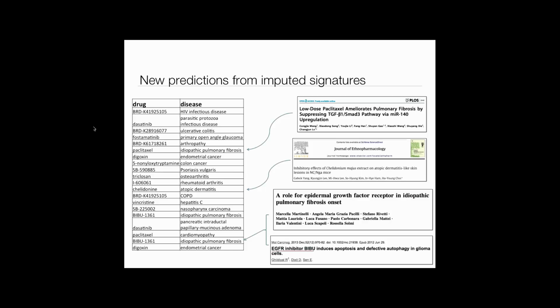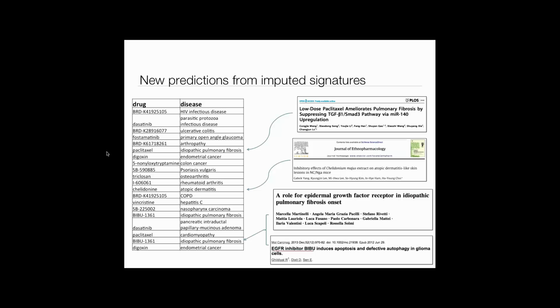With a quick literature search, I did find some support in the literature. For example, there was a prediction based on one of the imputed signatures connecting paclitaxel with idiopathic pulmonary fibrosis, and indeed, there's a paper about low-dose paclitaxel treating pulmonary fibrosis.